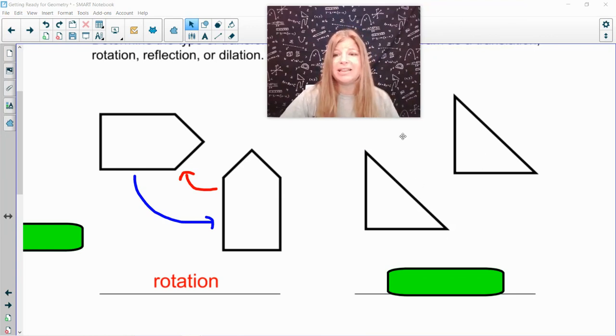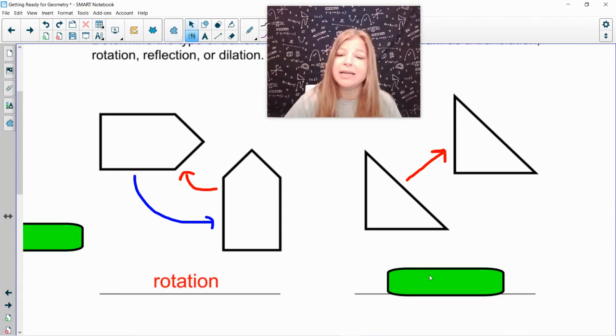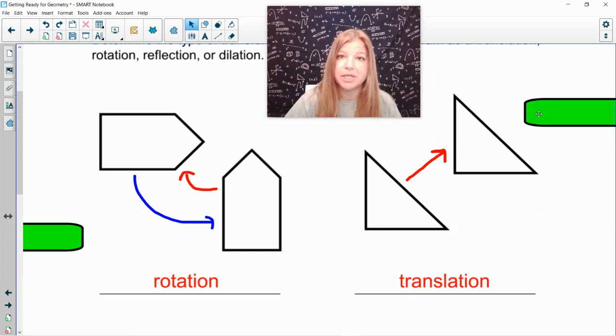I don't see any lines of reflection, like I could not draw a line of reflection here and have it flip over. Instead, it looks like this figure, either one of them, simply slid over. So if that's the case, a slide is what we call a translation. A translation doesn't flip it, doesn't turn it, it just simply slides the figure.